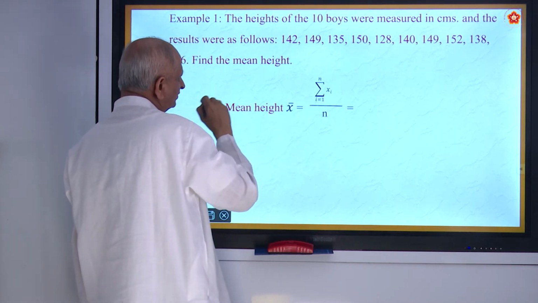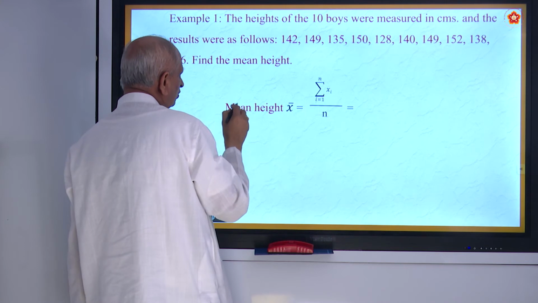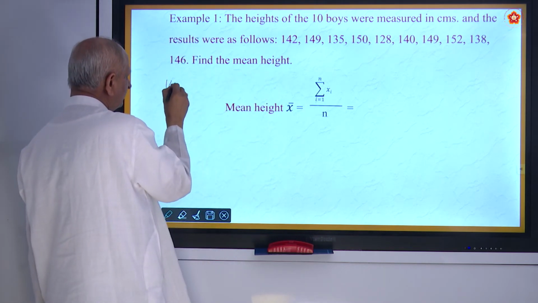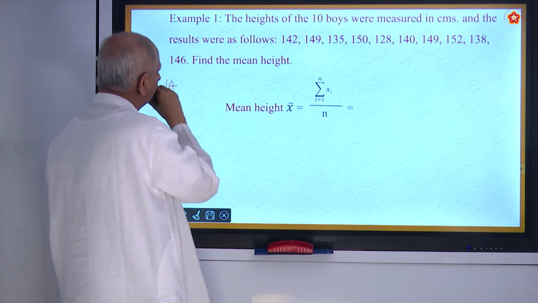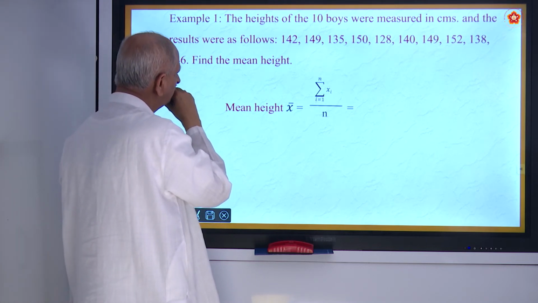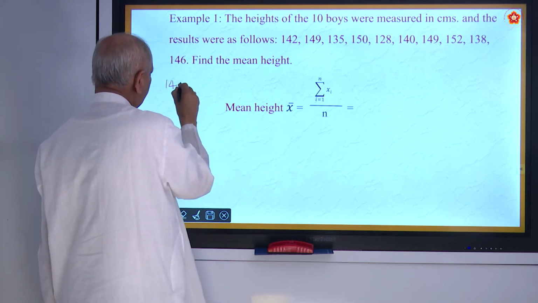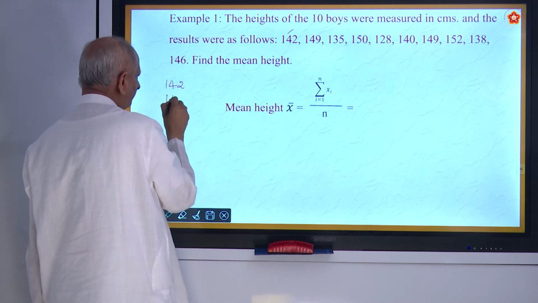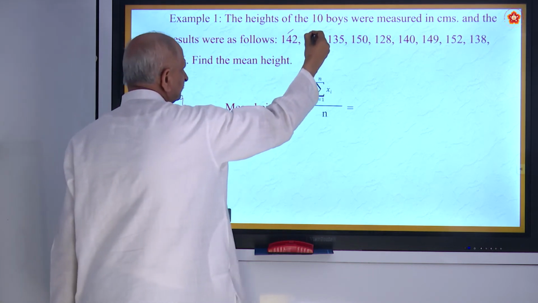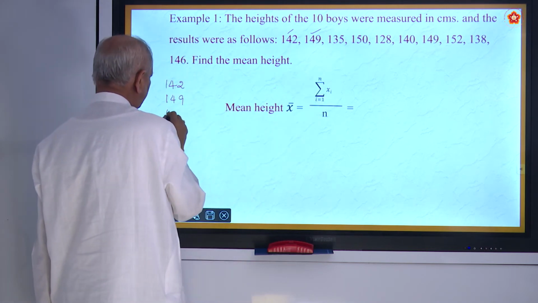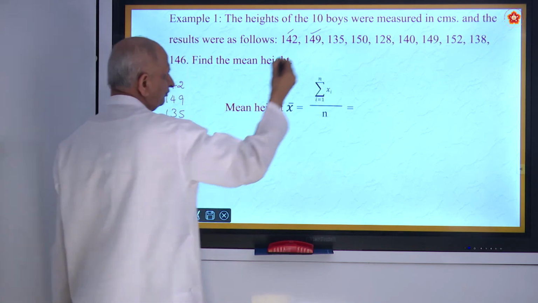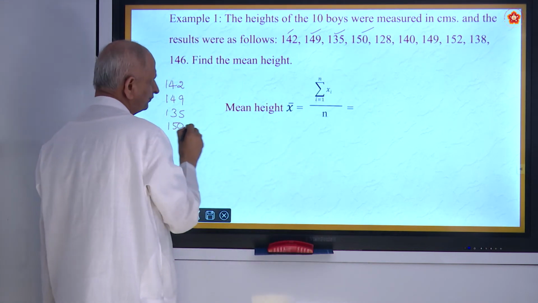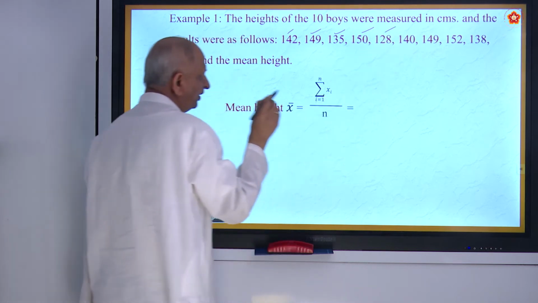And suppose you add it. So first one is, you must carefully add it. You should not leave anything. So start with 142. You must tick it like this. Second one is 149. Third one is 135. Fourth one 150. Fifth one, don't leave anything.